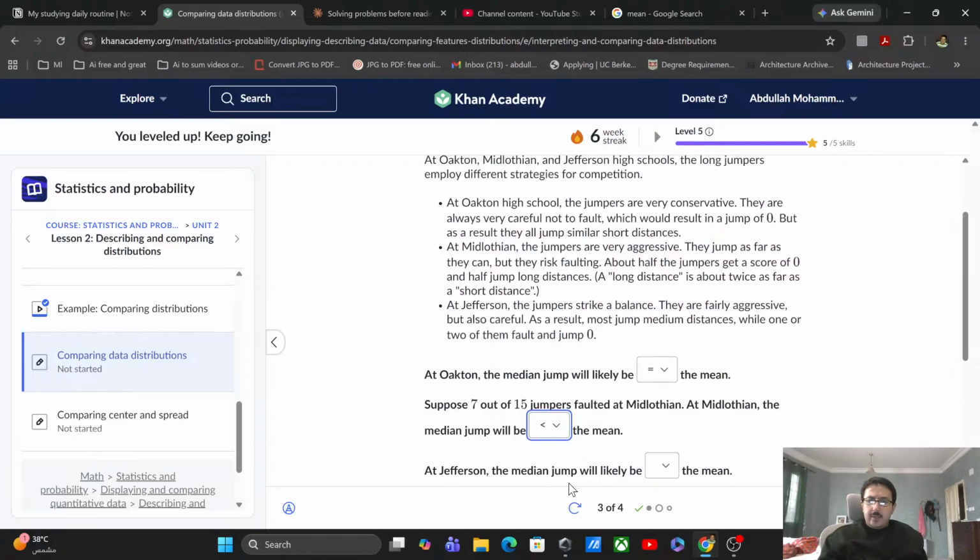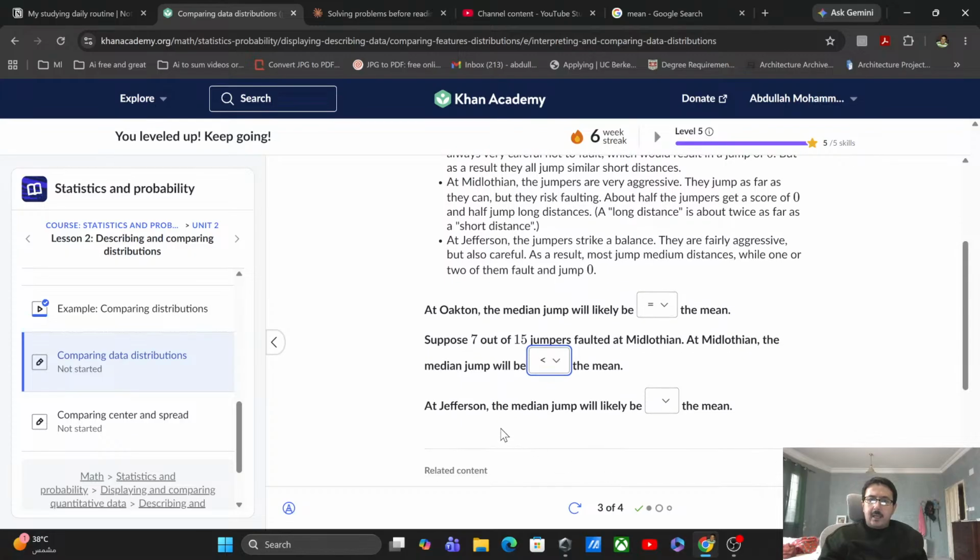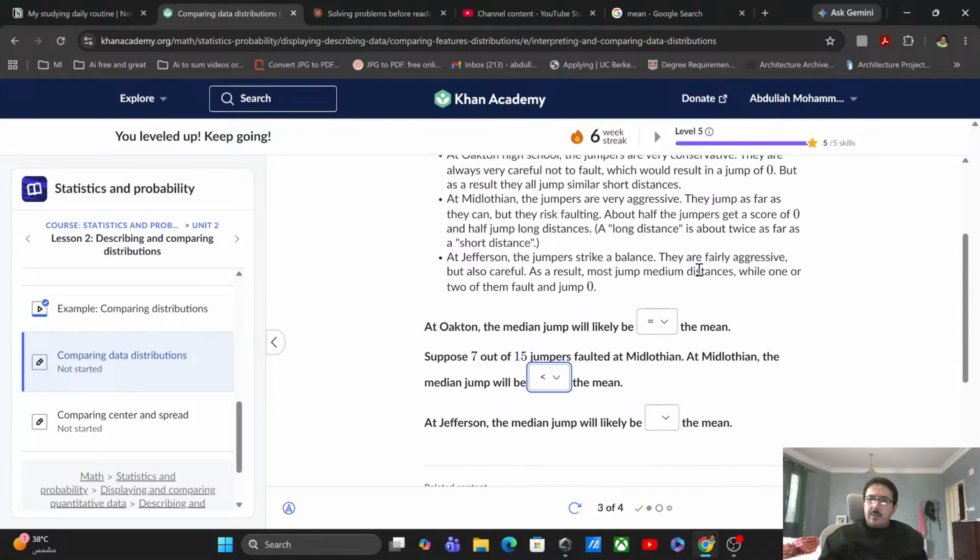At Jefferson, the median jump will likely be, Jefferson jumpers are fairly aggressive. As a result, most jump medium distances, while one or two of them fault and jump 0. So I have two 0s and 10 ones.